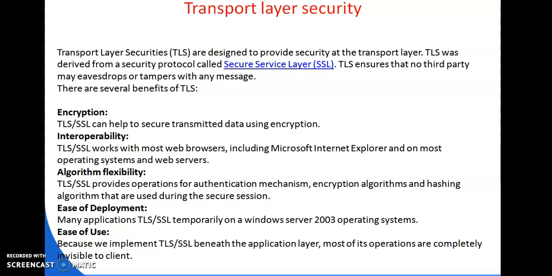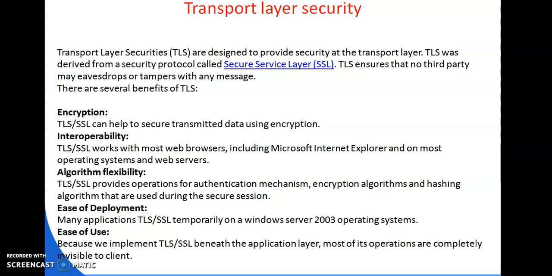Next is algorithm flexibility. TLS SSL provides options for authentication mechanisms, encryption algorithms and hashing algorithms that are used during the secure session. And ease of deployment: many applications use TLS or SSL on Windows Server 2003 operating systems.